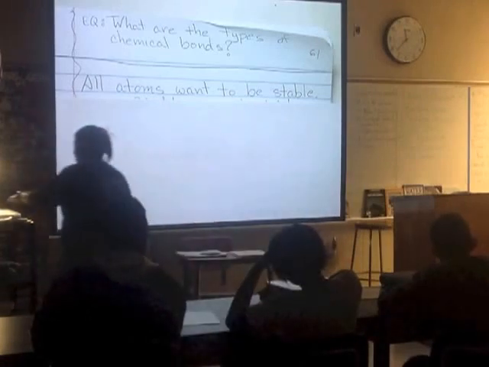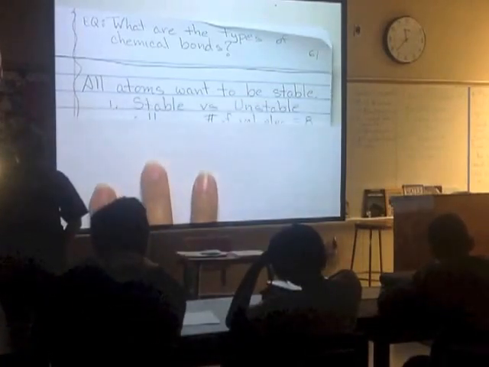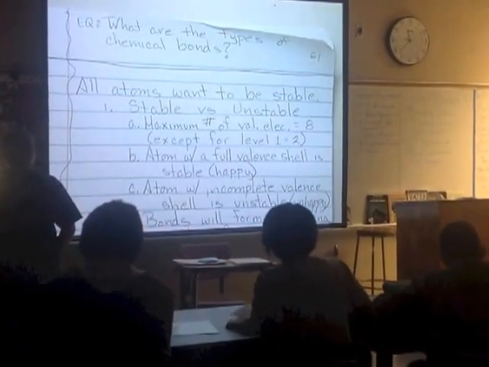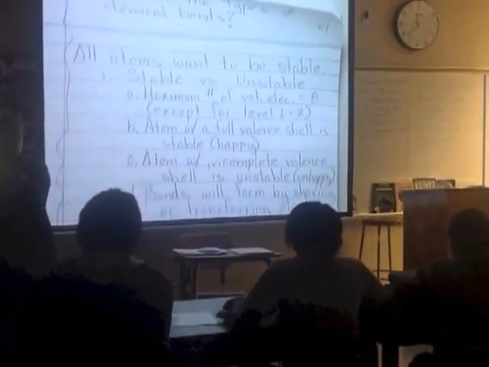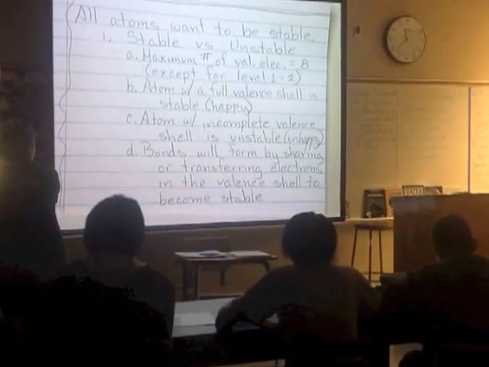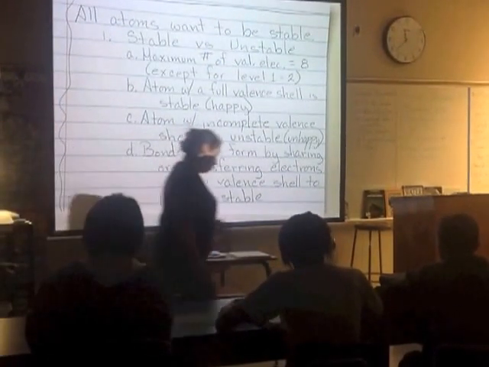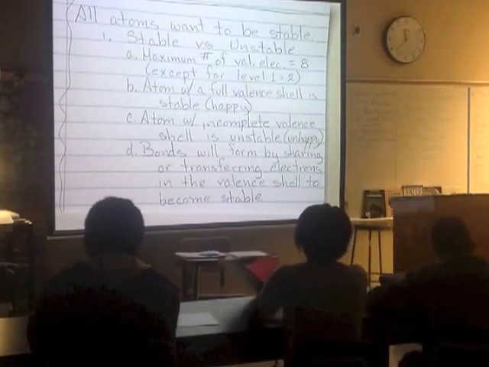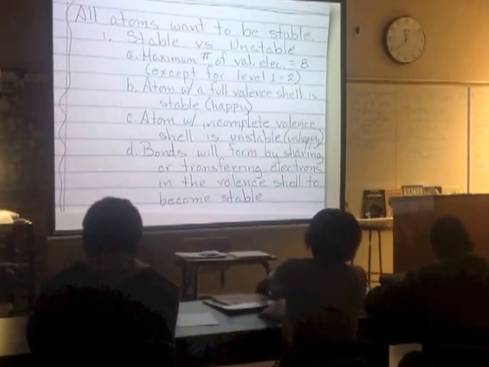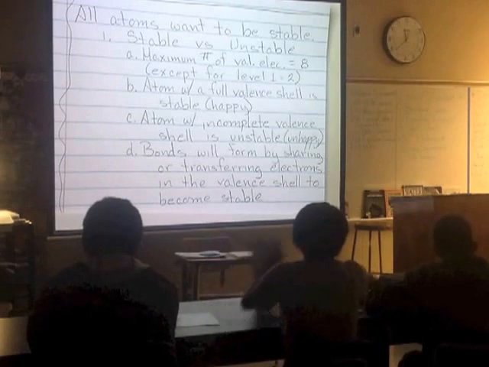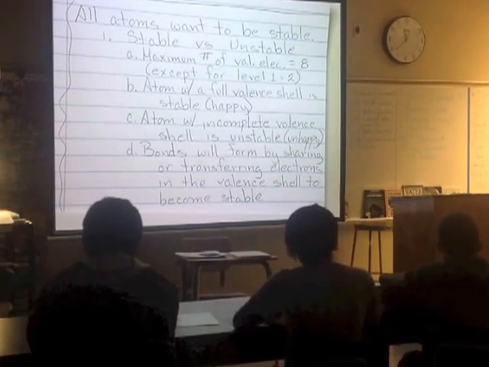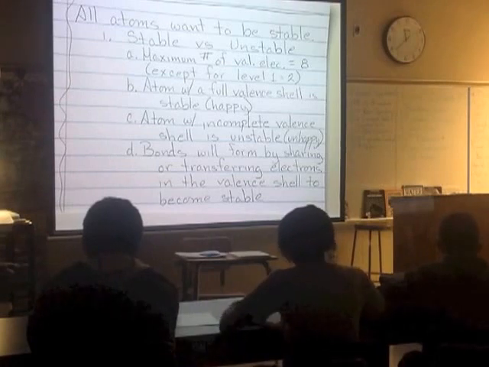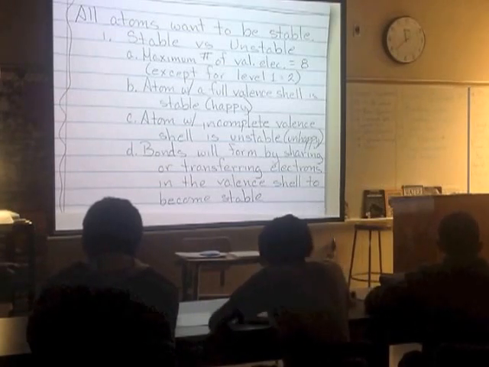So let's look at the difference between stable and unstable. On Wednesday, I kind of alluded to the fact that the reason things are stable and unstable has to do with the valence electrons. Okay?